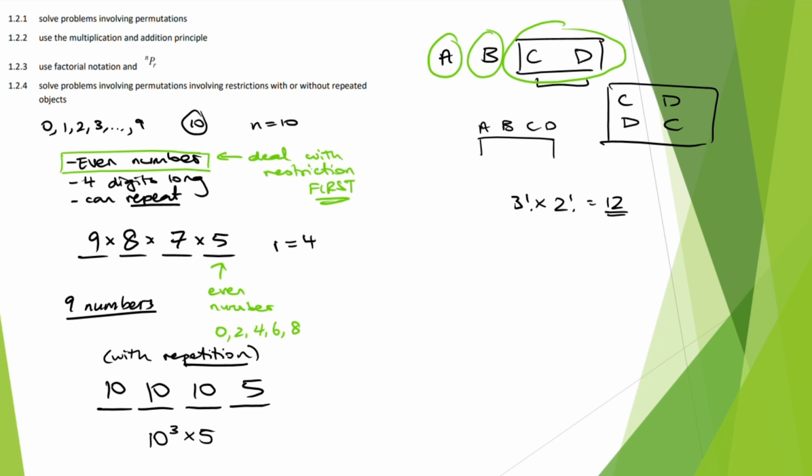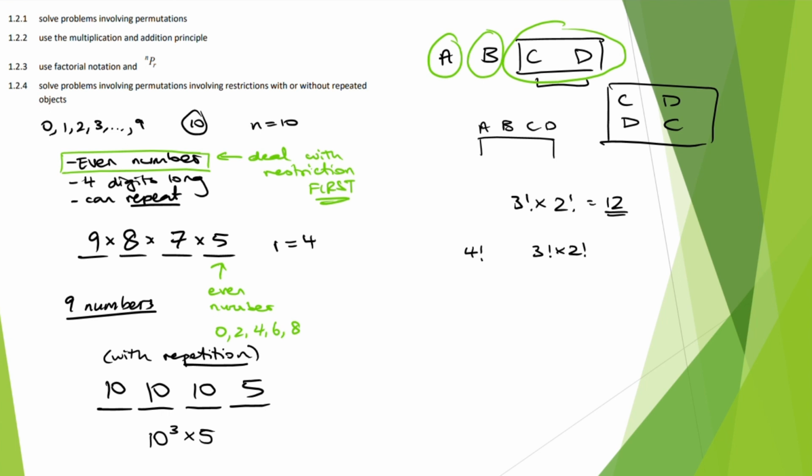Now let's say Christine and Daniel definitely don't want to sit next to each other. In this case, we can consider it as an exclusion. The total number of ways A, B, C, and D can arrange themselves on that bench is equal to 4 factorial ways. Now the ways where Christine and Daniel are sitting next to each other, as we know, is 3 factorial times 2 factorial ways.